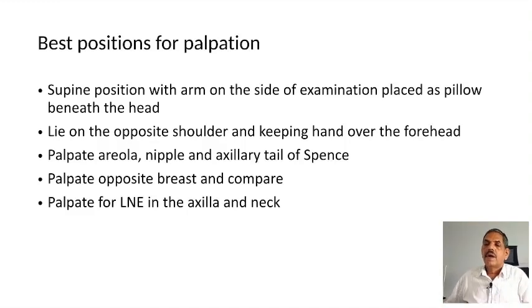Palpation you have to do in a clockwise manner, in a circular way from the periphery towards the nipple, and it is important to palpate the opposite breast, and findings should be compared. Palpation of the lymph nodes in the axilla and neck are also very important.